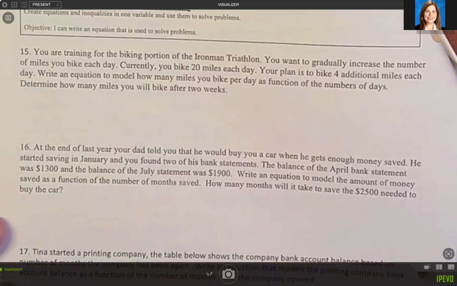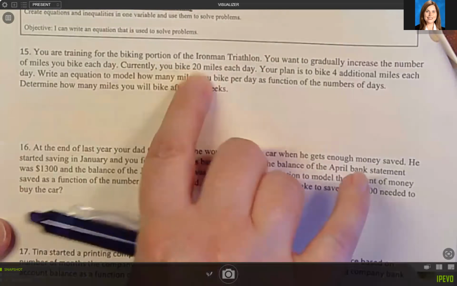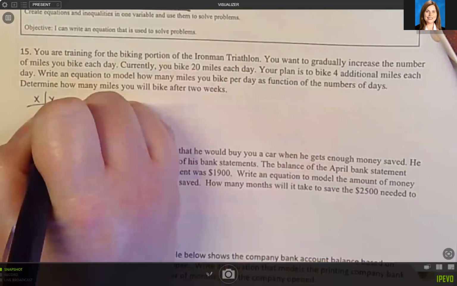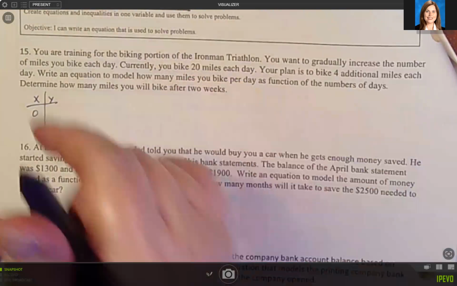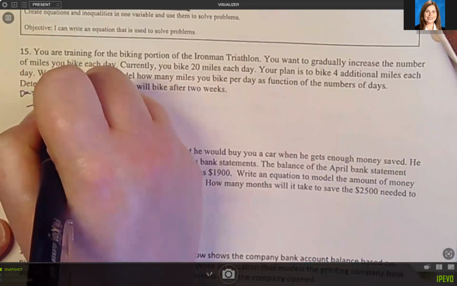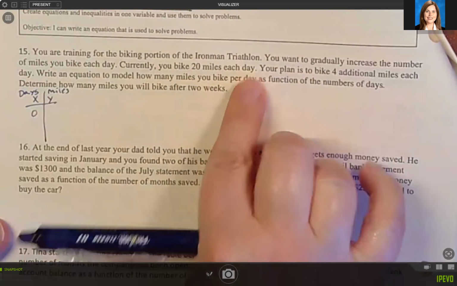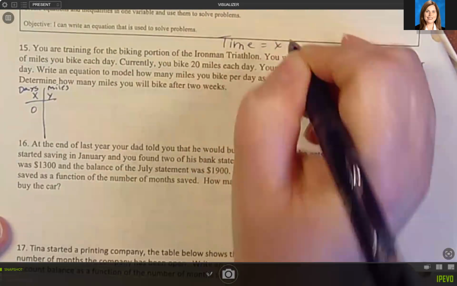Okay. So right now our starting point is 0, per day. So x we're measuring in days, and y we're measuring in miles. If you're not sure how we determine that, remember time is usually on the x-axis. So that's the number of days.